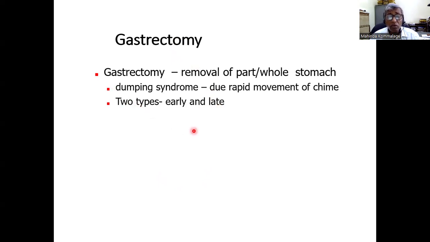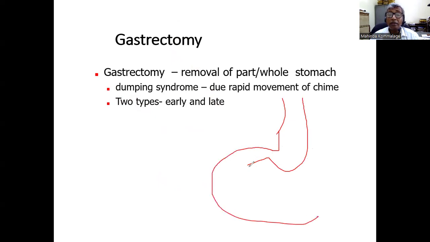So dumping syndrome is due to quick passage of content from the stomach to the duodenum. Let's say we have a small stomach, and this is the duodenum and small intestine. Since it's a small size and we cannot retain a large volume in the stomach, things will quickly come to the duodenum.